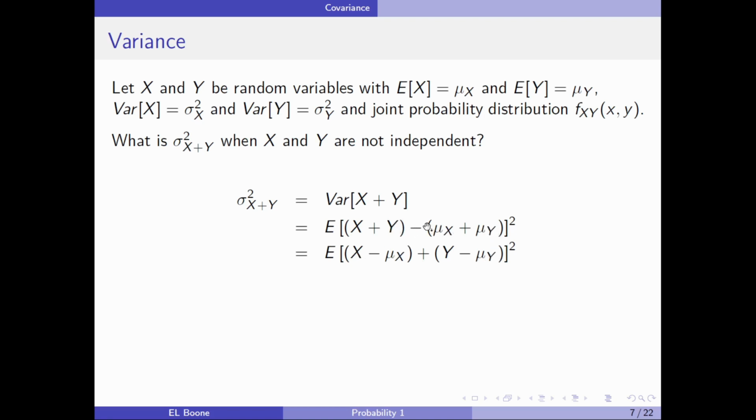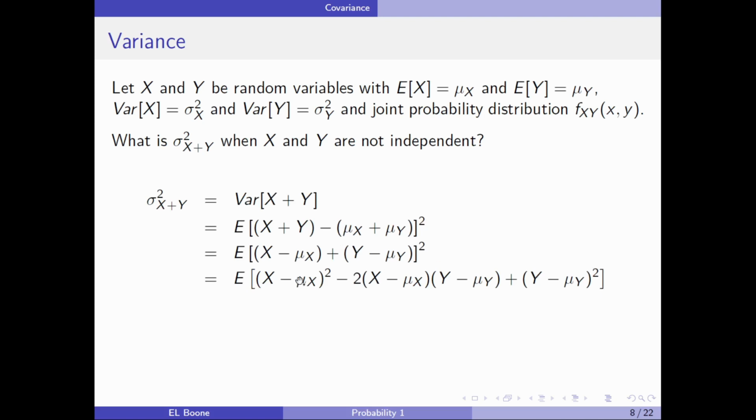And remember, when I distribute through, the minus sign will go through with that. Then when I expand this out by considering this as one term and this as one term, what we end up with here is x minus mu x squared, minus 2 times x minus mu x times y minus mu y, plus y minus mu y quantity squared.